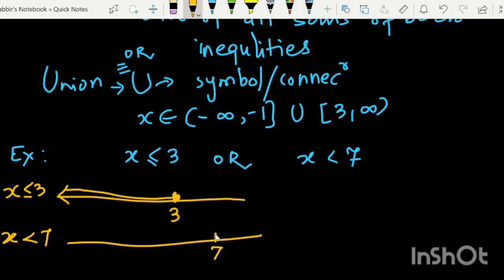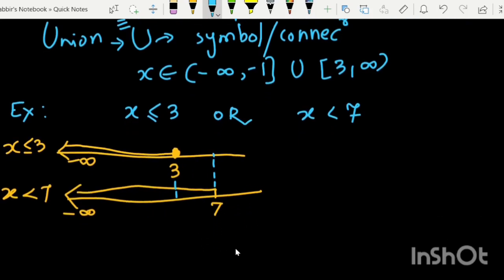Again x is less than 7, so all the values lesser than 7 we will take. So minus infinity to 3 in the first case, 3 was included. Minus infinity to 7, 7 is not included. Again the concept is the same, we will draw perpendiculars from the points where the inequality is starting. So at 7 and 3, I drop perpendiculars.